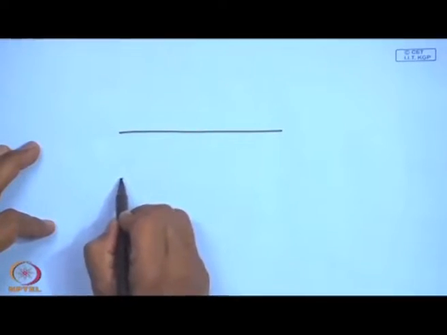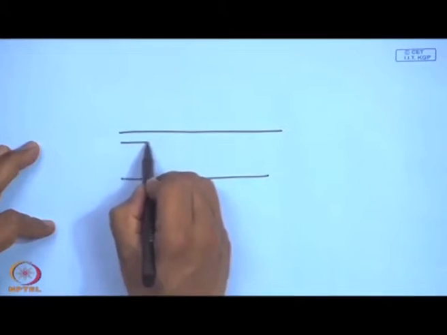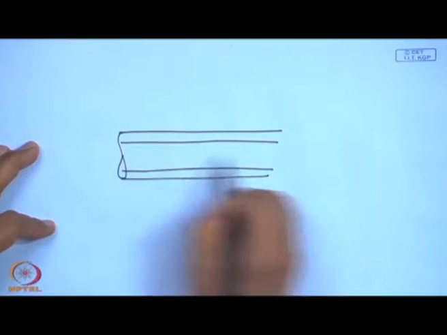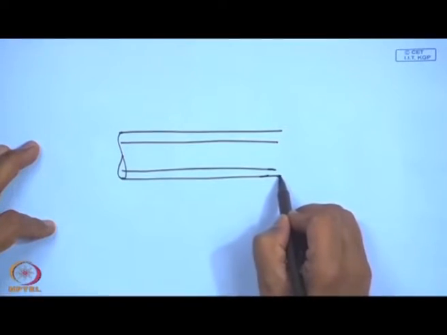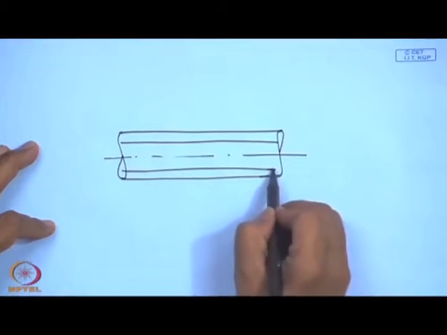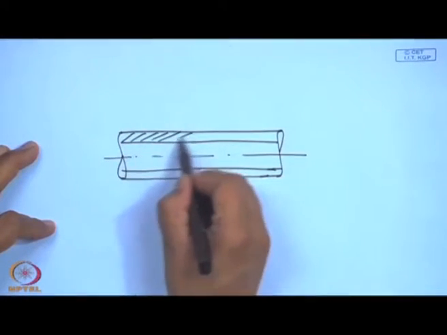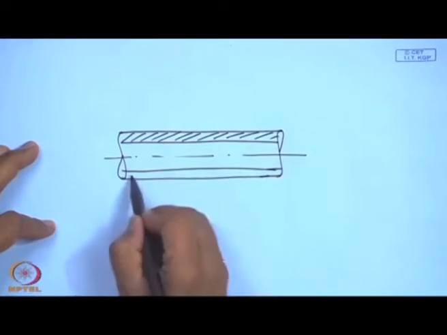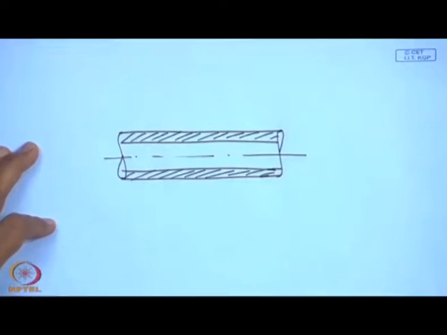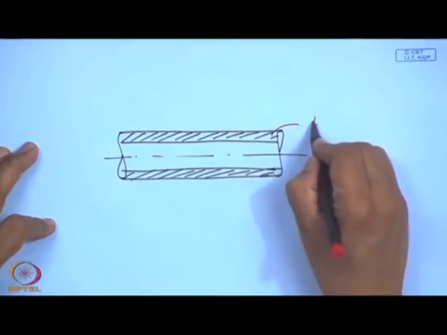For example, a pipeline has a certain wall thickness. This is the pipeline, and it has a certain thickness, say T is its thickness.